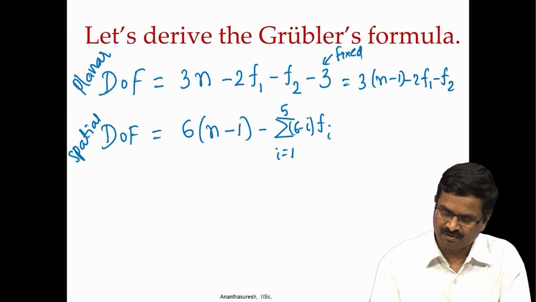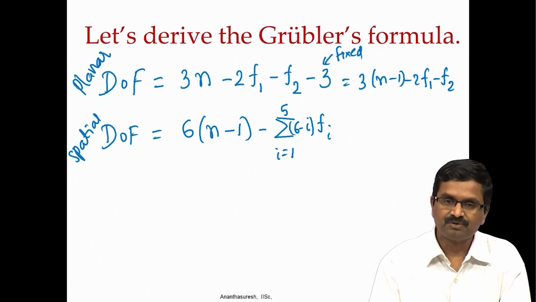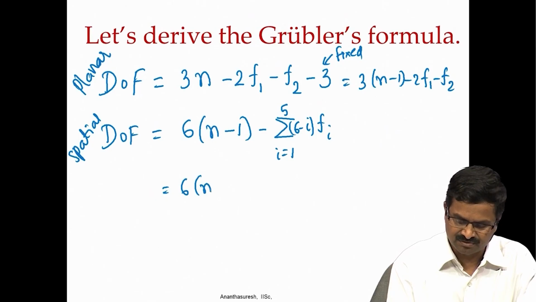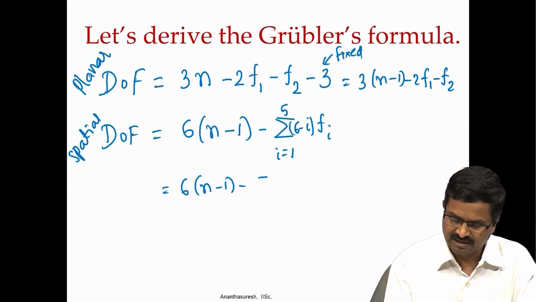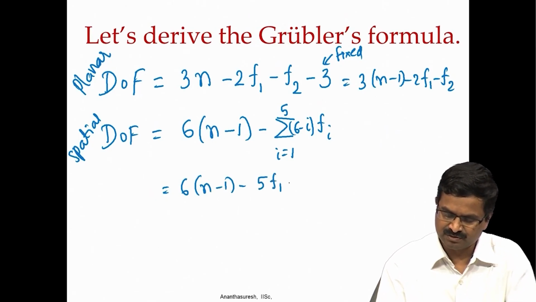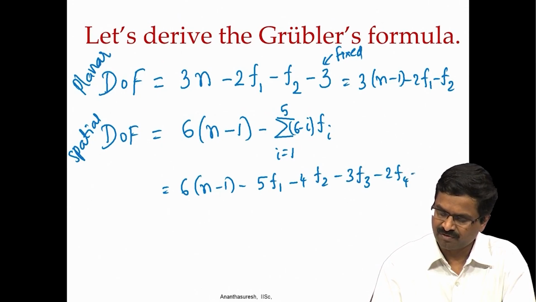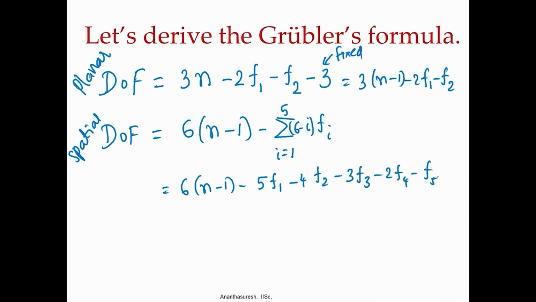So, when i equals 1, that is F1, it is going to remove 5 degrees of freedom. So, that is how we got the formula 6 into n minus 1, minus 5 F1, minus 4 F2 (6 minus 2), minus 3 F3, minus 2 F4, minus F5. That is the interpretation of Grübler's formula, right.